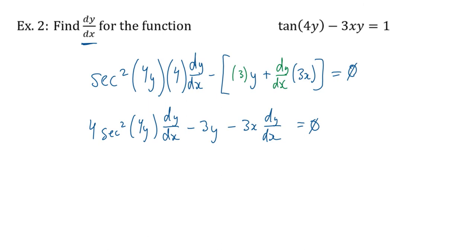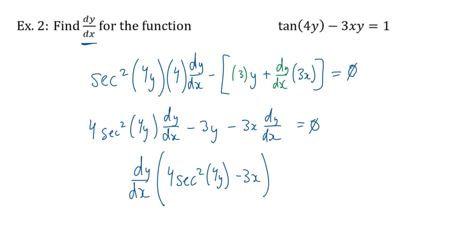So I'm going to take 3y over and factor this other side. So I get dy/dx, and I get this left over, minus 3x. So I factored the dy/dx's out of those parts, equals 3y.